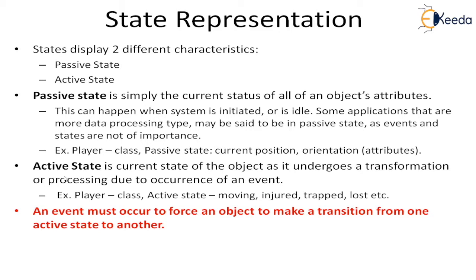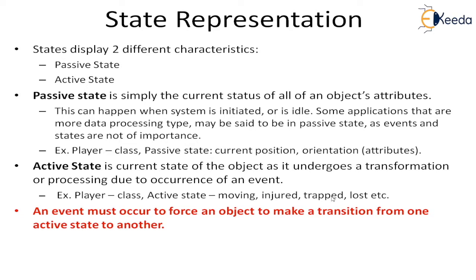But when the game starts, what will happen? The active state will start. Active state is the current state of the object as it undergoes a transformation or processing due to the occurrence of an event. So when the game is being played, the player will either be doing some movement, so there will be a moving state, or he will be in a trapped condition, or in an injured condition, or in a lost condition.